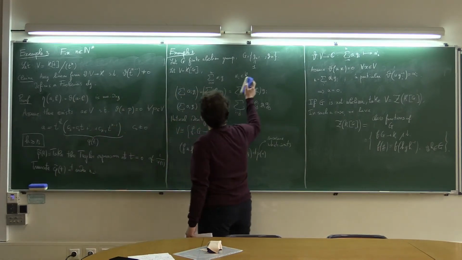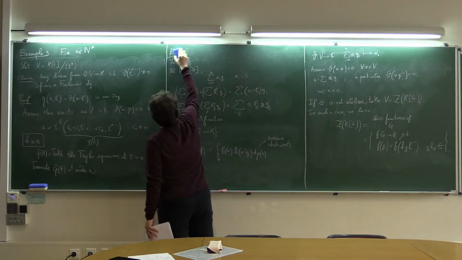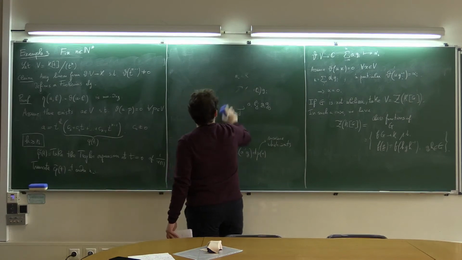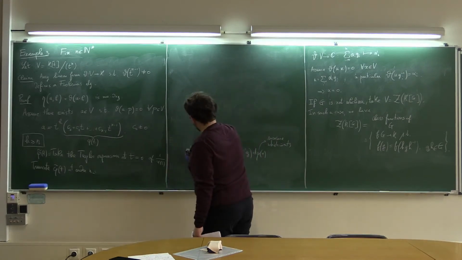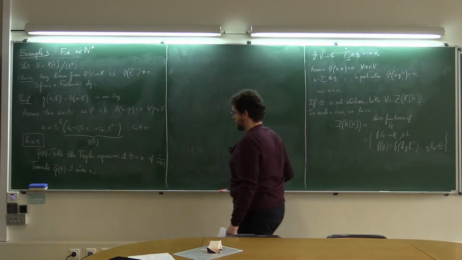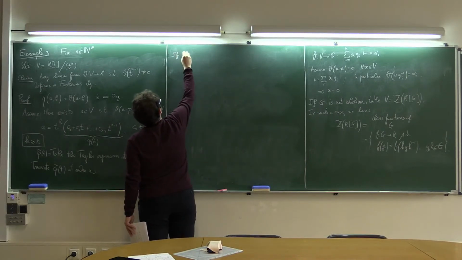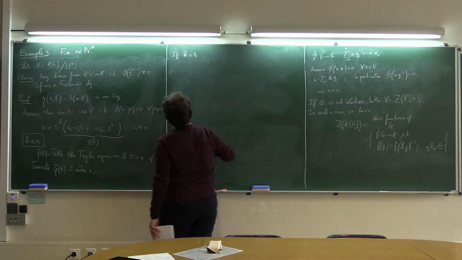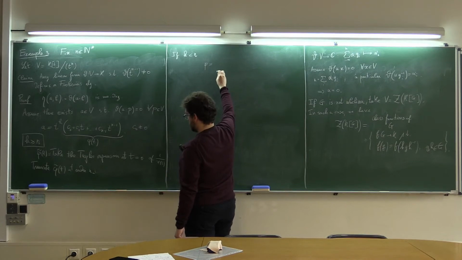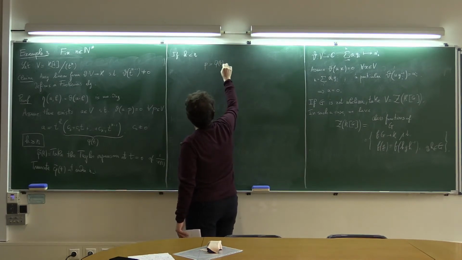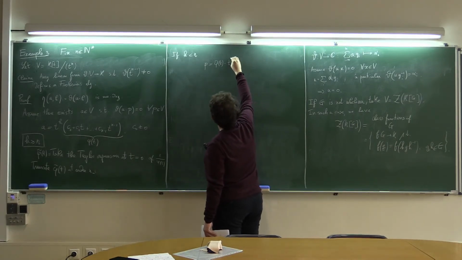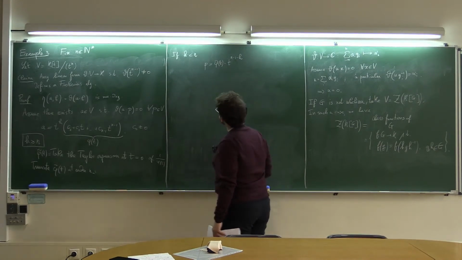If h is strictly smaller than n, then I can take p to be equal to phi tilde of t times t to the power n minus 1 minus h.